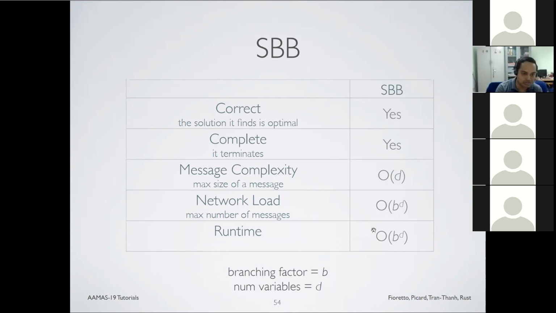So there is no concept of network as such, and you don't need to think about network load, packet size, or message size.